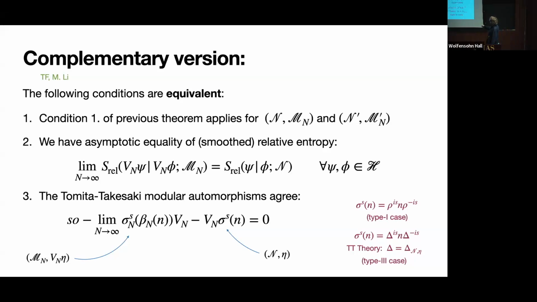In the type 3 case, we have to be more careful. We have to introduce the modular operators, the Tomita-Takesaki modular operators, and you just conjugate by these. So if the modular automorphism commutes with the code, then you can also prove that you have this operator reconstruction statement for the algebra and its commutant.